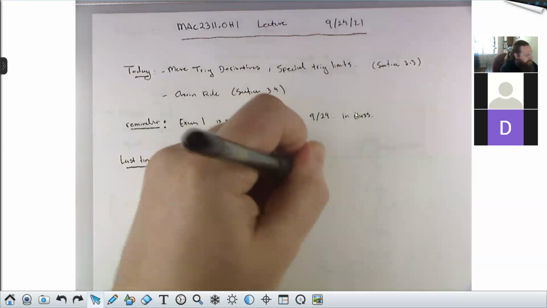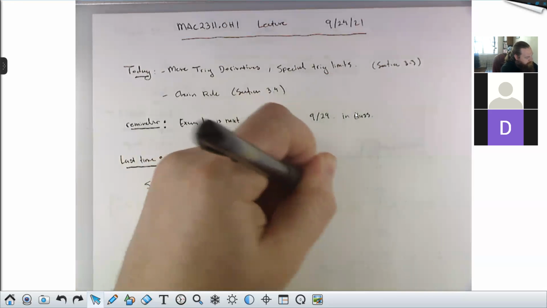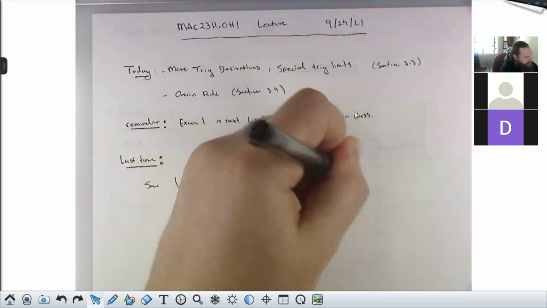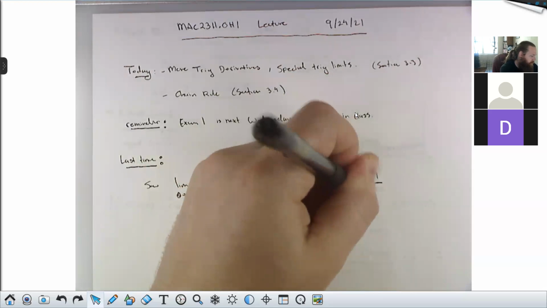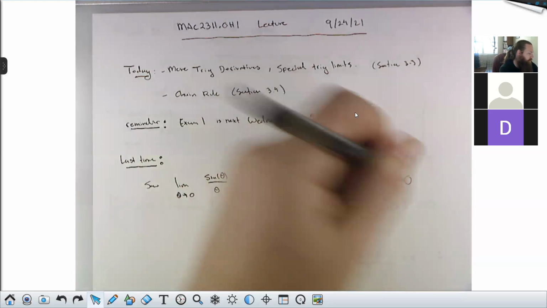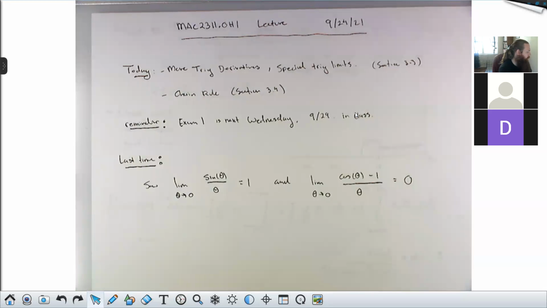And one thing we're able to get as a consequence of this is the limit as theta goes to 0 of cos theta minus 1 over theta. This is 0. I call these the special trig limits. Yeah, they're special limits and they're made up of trig functions.